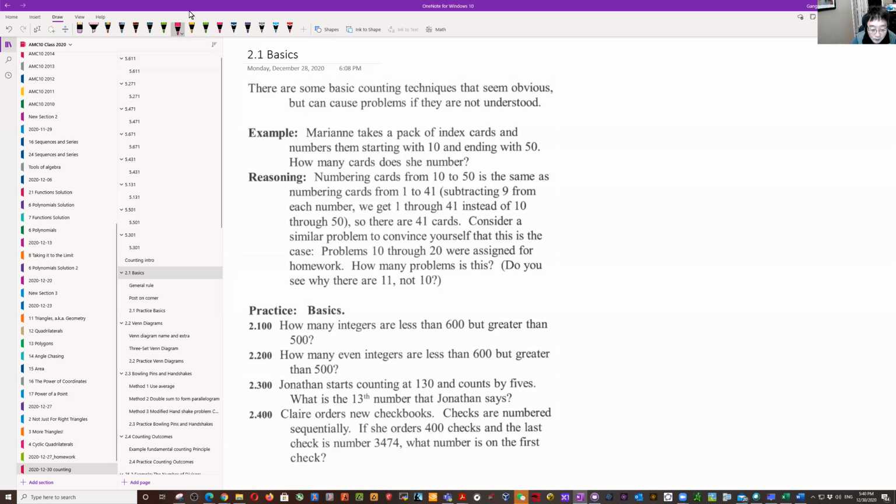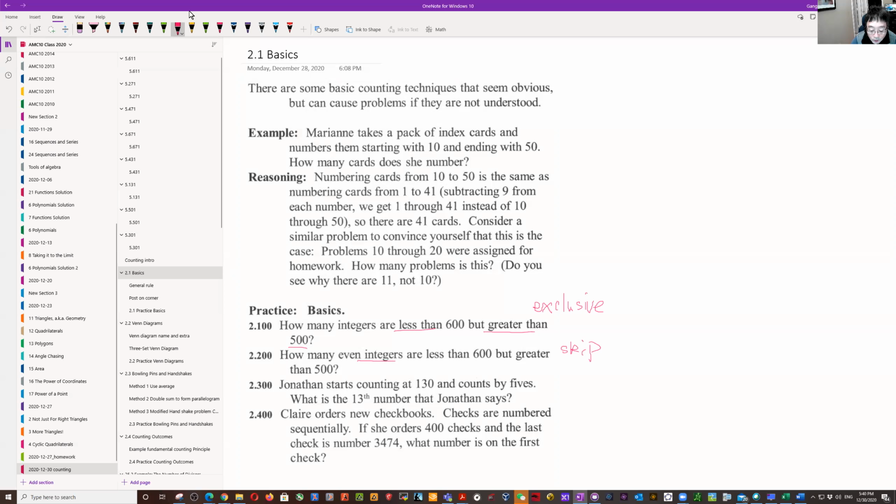So basically, less than and greater than, that's exclusive. And then there's how many even numbers, less than but greater than. So this is like skip counting. Then we're just going to do those problems really quickly.